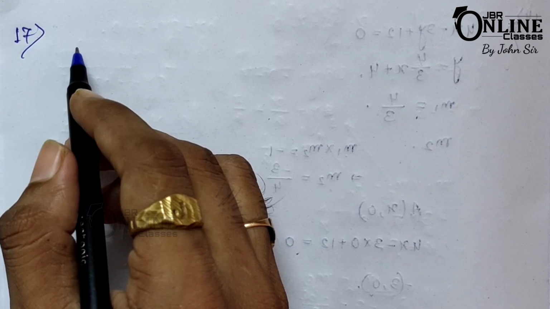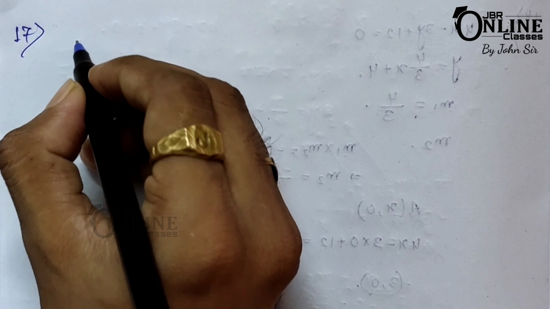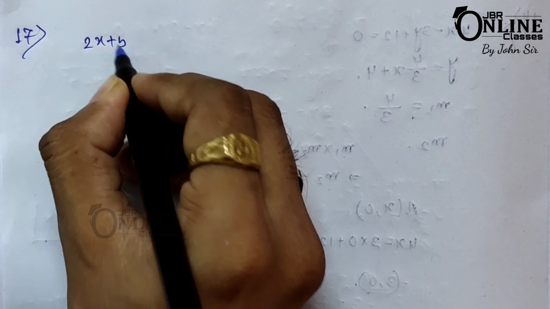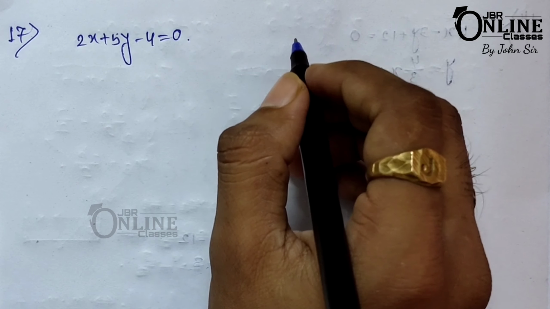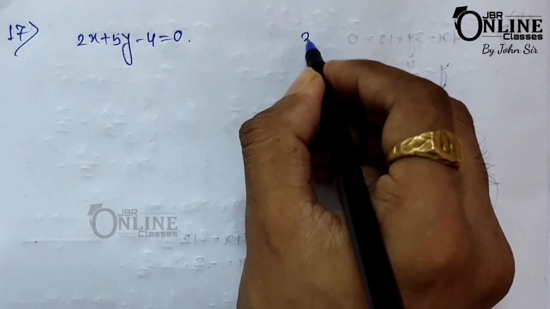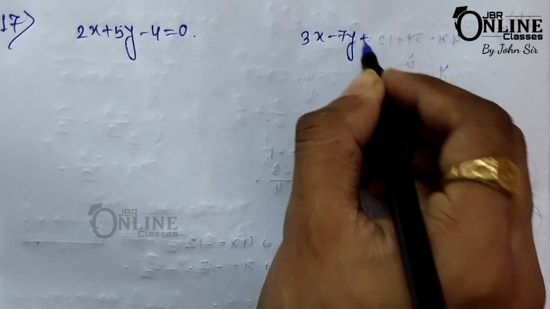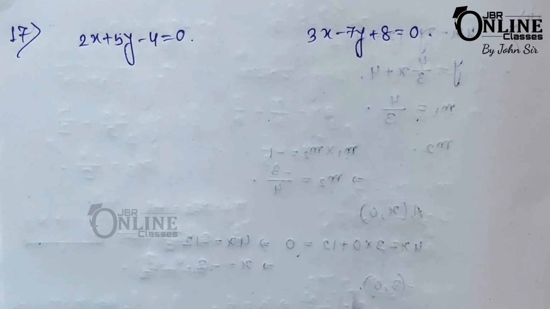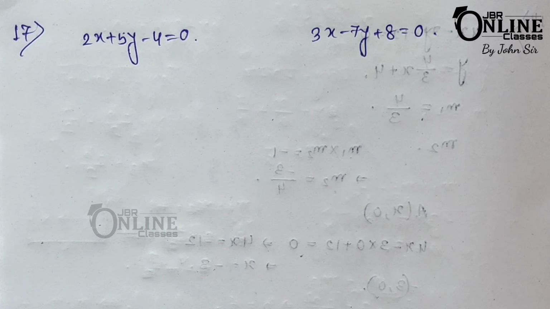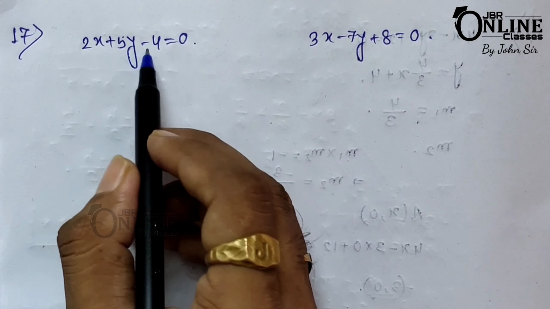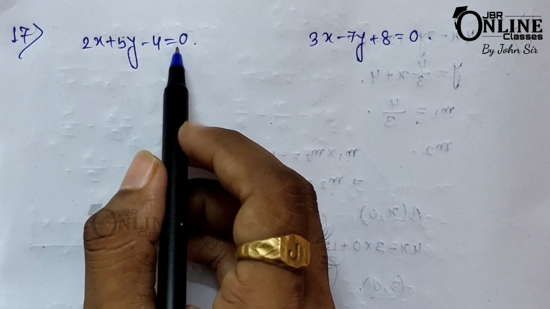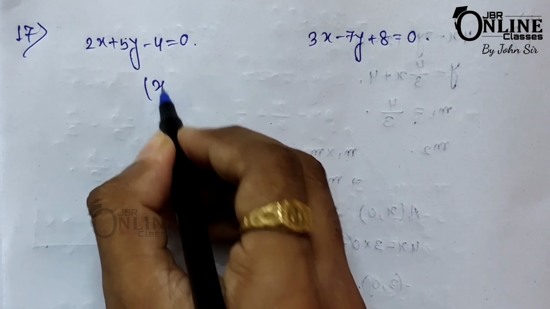Find the equation of a straight line passing through the intersection of 2x plus 5y minus 4 equal to 0 with x axis and parallel to the line 3x minus 7y plus 8 equal to 0. So first let the point of intersection of the line 2x plus 5y minus 4 equal to 0 and the x axis be x comma 0.